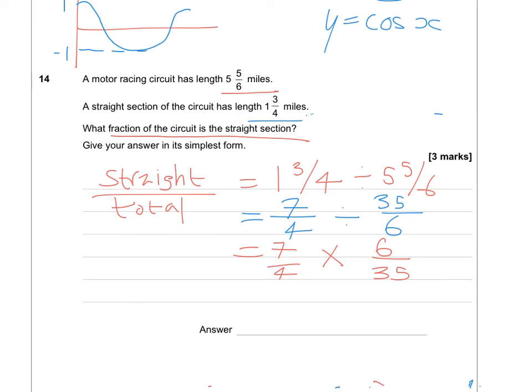We can cancel down, which will simplify our work. 7 divides by 7 to make 1, 35 divides by 7 to make 5, 6 divides by 2 to make 3, and 4 divides by 2 to make 2. So our actual calculation is 1 over 2 multiplied by 3 over 5, which gives us an answer of 3/10.